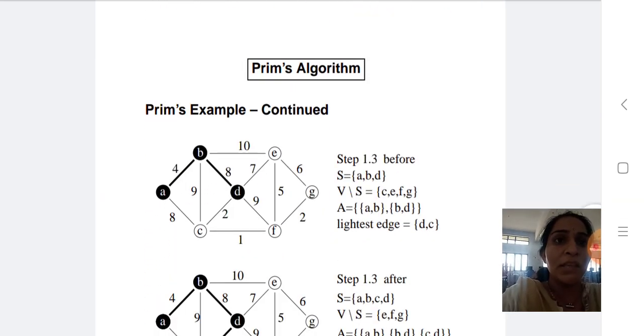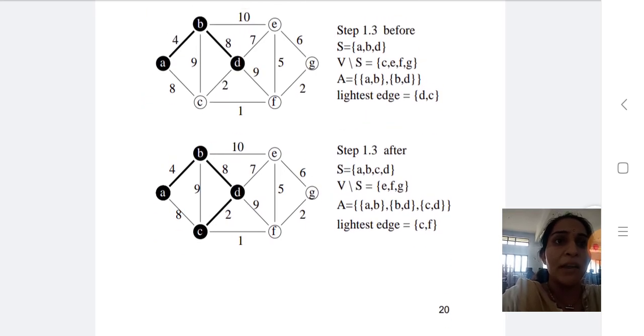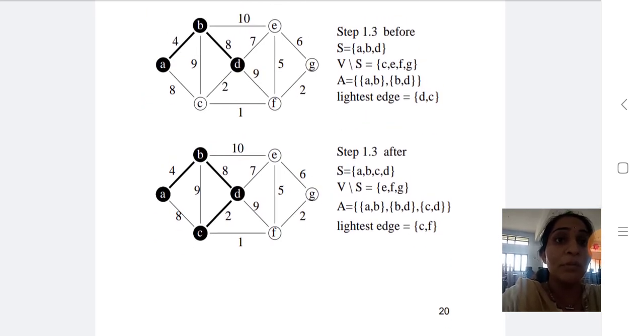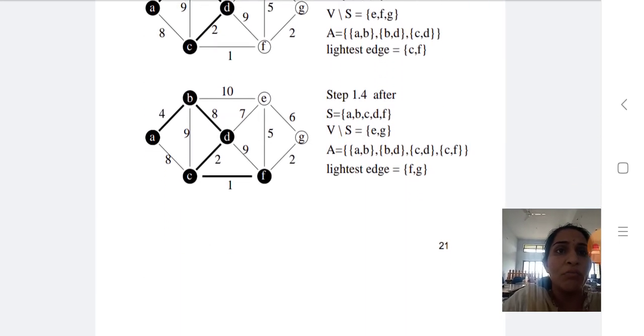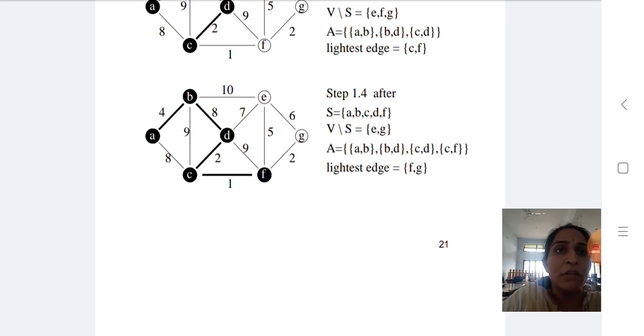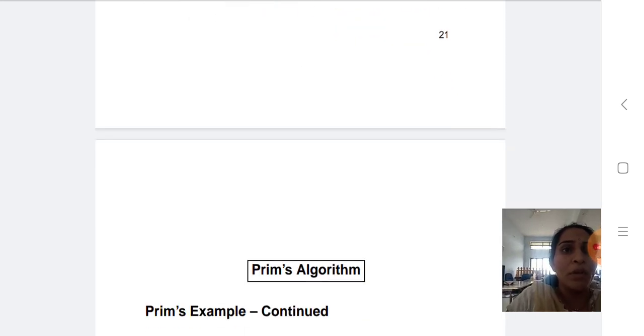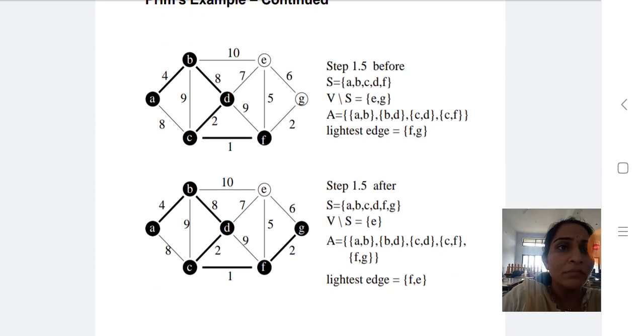Therefore DC is added into A. Now the next lightest weight edge is CF, since its weight is 1. Therefore it will be added into A and the remaining vertices will be E and G only. Now from F, the lightest edge is FG, since its weight is 2. Therefore it will be added and A becomes AB, BD, CD, CF and FG.